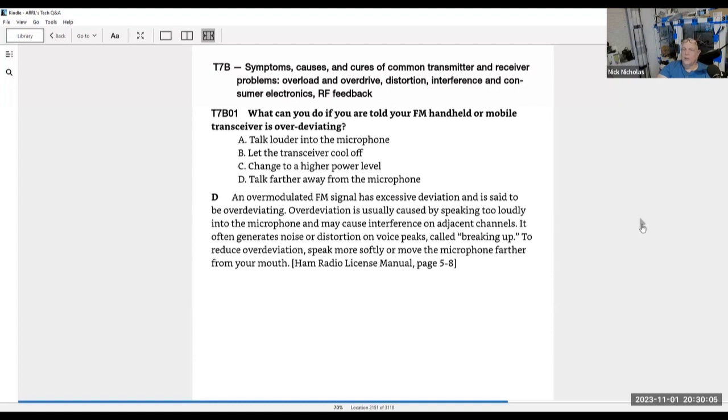Because of the over modulation, your frequency from your FM signal is moving high and low beyond the range that a receiver on the other end could hear. So, what you want to do is reduce the intensity of the audio. And the tip D is a good one. Talk further away from the microphone. Talk softer. I don't know what you do with your big stick, but talk softer.